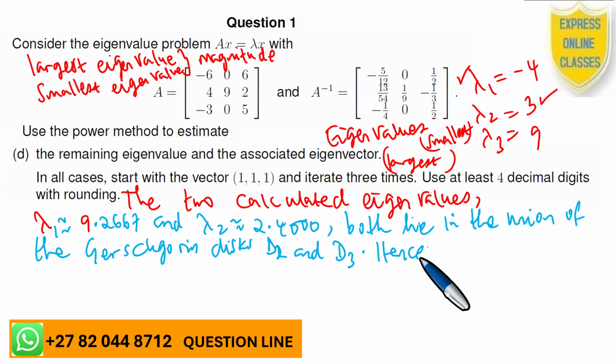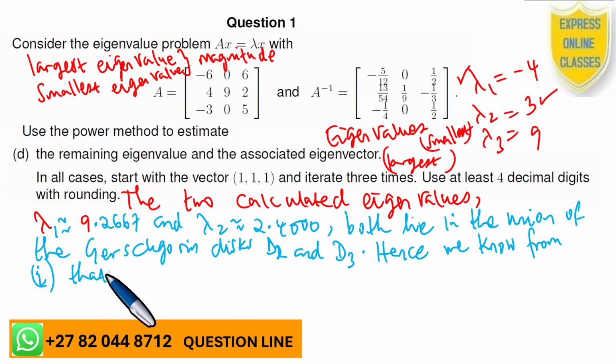Hence, we know, because this one is already there in your assessment, we know from the first Roman figure, you're going to make this one in a few days, we know from the first Roman figure that the remaining eigenvalue is the most technical, the most difficult.